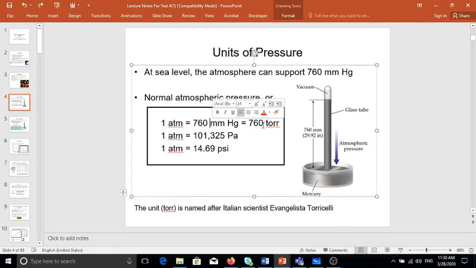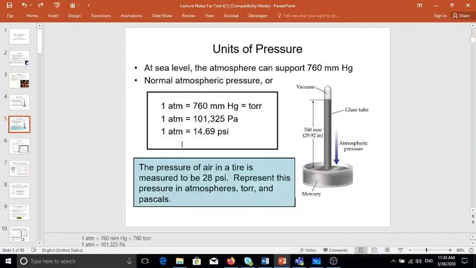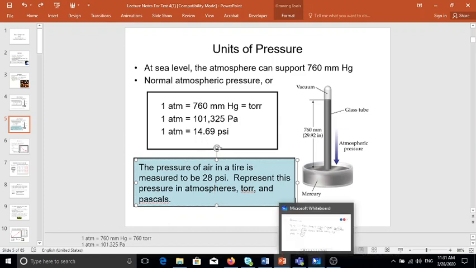From now on, by default, you should recognize that millimeter mercury and torr are completely the same thing, exchangeable. Let's take a look at a quick example. How do we do unit conversion among these pressure units? I'm not going to do all of them. Let's say 28 psi. Are you able to convert psi into any other pressure unit? It should be very, very simple.